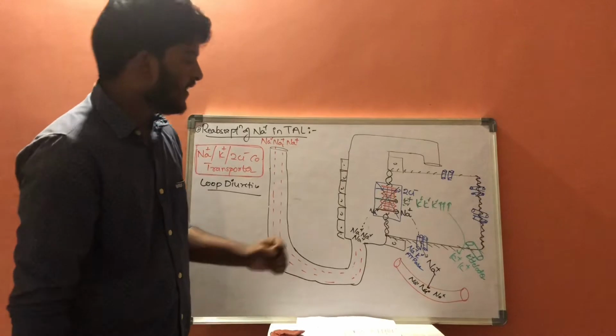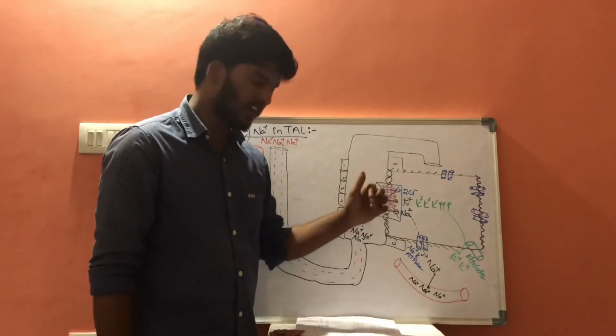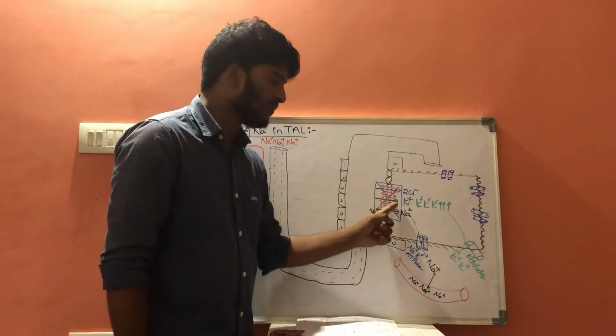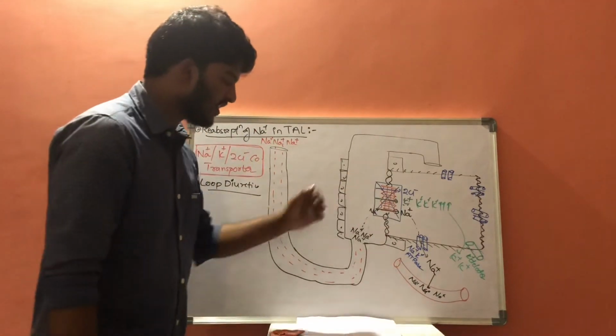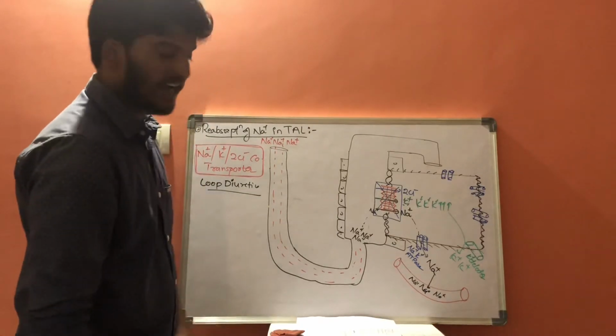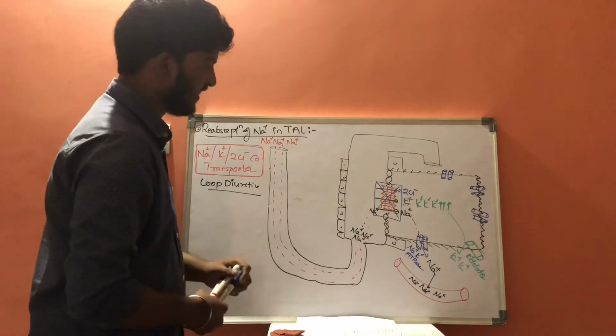Next, because of the blockage, the potassium concentration within the loop will also increase.